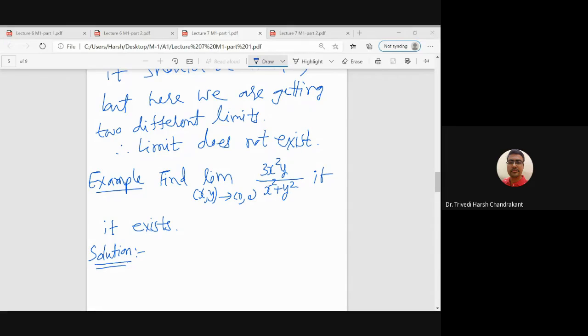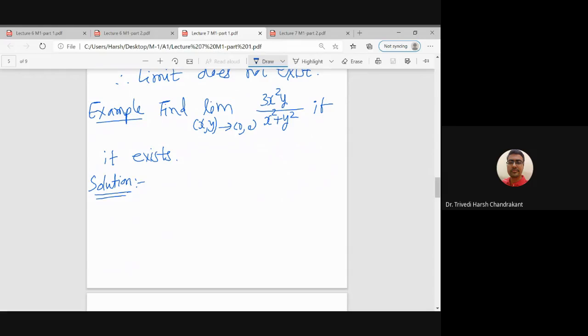Okay, so let me once again revise the process. So what we do first is we find the iterated limits. The second step is we check along the y equal to mx path, and the third, if none of these paths work, we may go for the epsilon delta method. So what will be the iterated limit for this example?